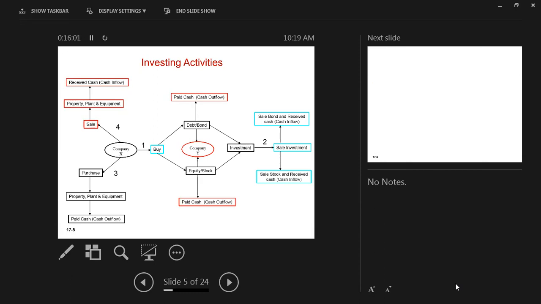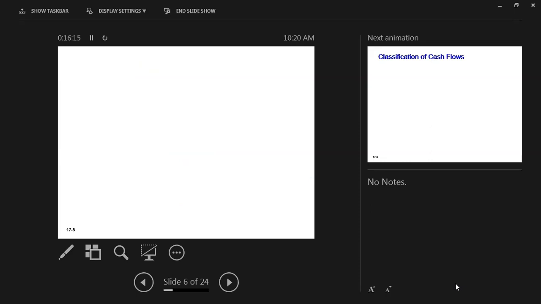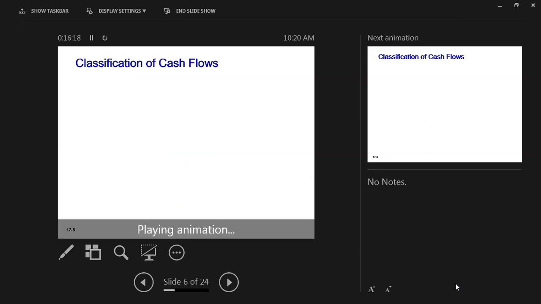This diagram explains how investing activities are related with cash inflows and cash outflows. So I can convert this diagram to a sentence like this.